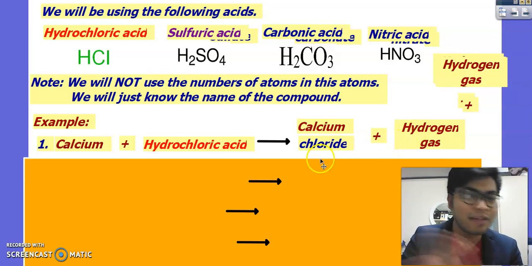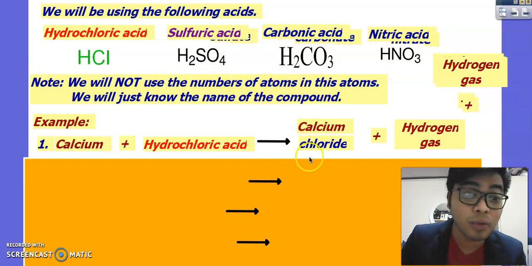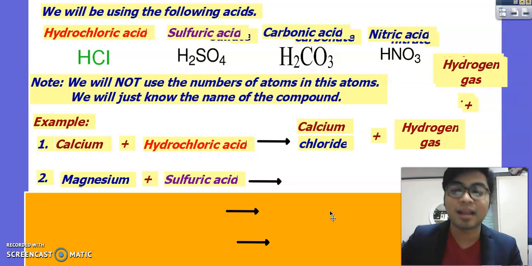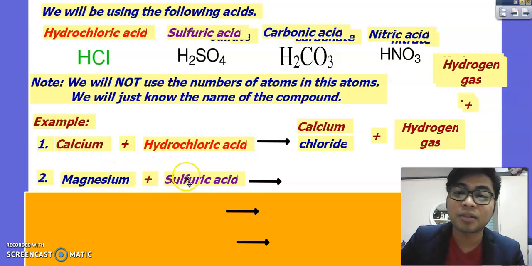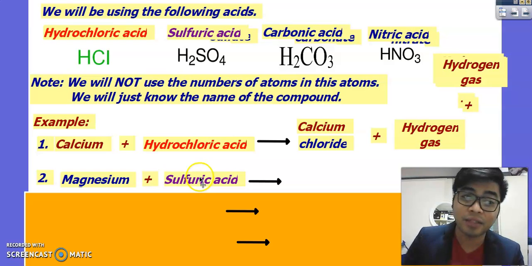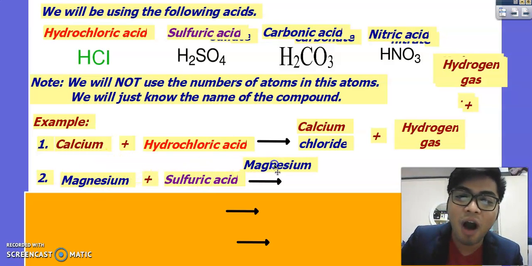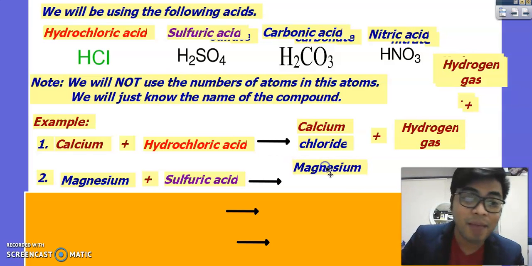Okay? So never mind about the chemical formula. We only want the names here. Okay. Number 2. How about this one? We have magnesium plus sulfuric acid. So again, what is the first rule? The first rule is we write the name of the metal. The name of the metal here is magnesium. So it's very easy.